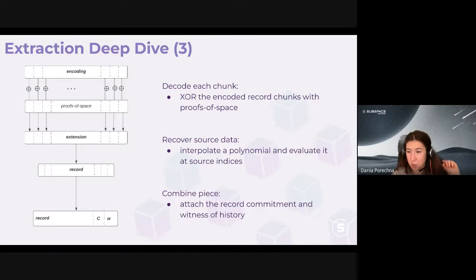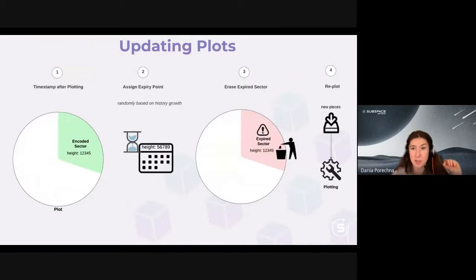Last thing that I wanted to show with all of this is updating plots. This is something that I have mentioned a few times already. If you recall, when the farmer creates the sector, there's just this many pieces in history at the time that exist.